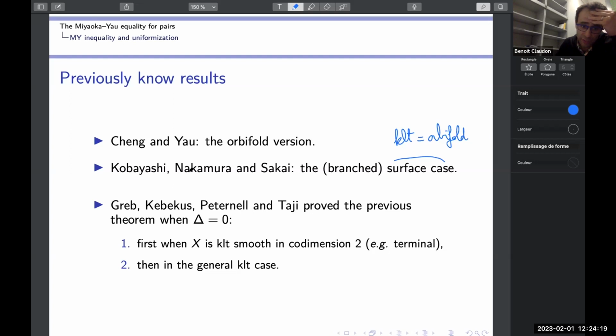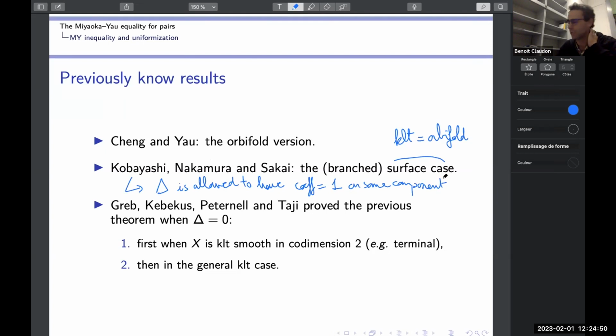So this result by Kobayashi, Nakamura, and Sakai is in some sense contained in Cheng and Yao, but in that work, delta is allowed to have purely logarithmic part, so coefficient equal to 1 on some component. Geometrically, it corresponds to the case where the surface is an open surface, a quasi-projective surface.